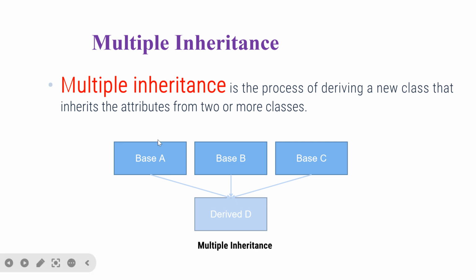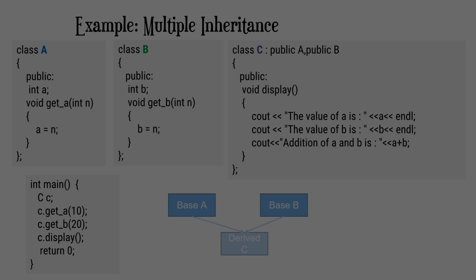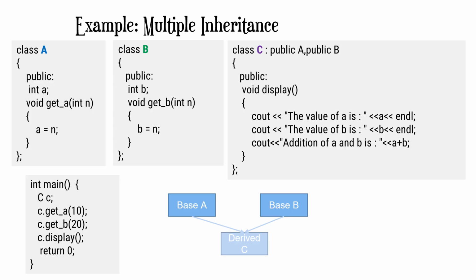So here we have three classes: base A, base B and base C. From these three base classes we derive the derived class D. We can see the example program. Here, this is the base class A, and it has one data member and one member function.